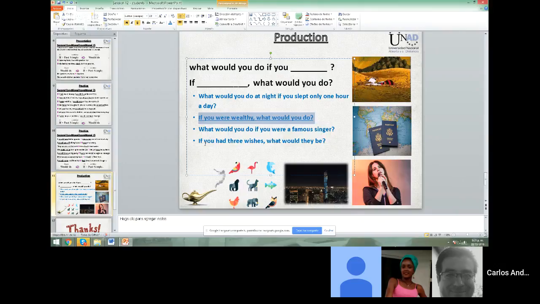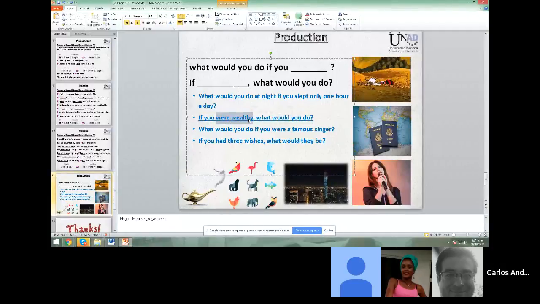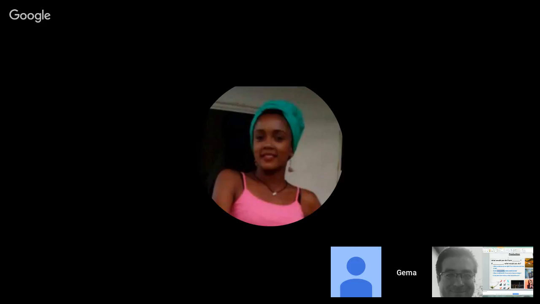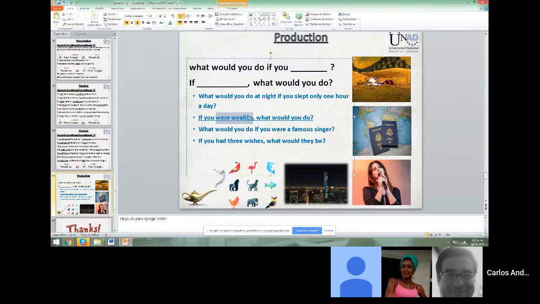Yes, teacher. You see this part, the word wealthy. Read it with the word wealthy, okay? So we can use Scrooge McDuck, that is correct, but let's use the word wealthy, because it's more general. So go ahead. Yes, teacher, I understand.